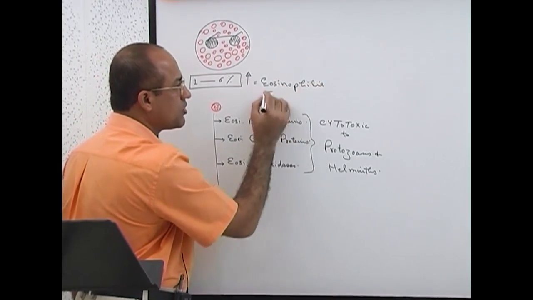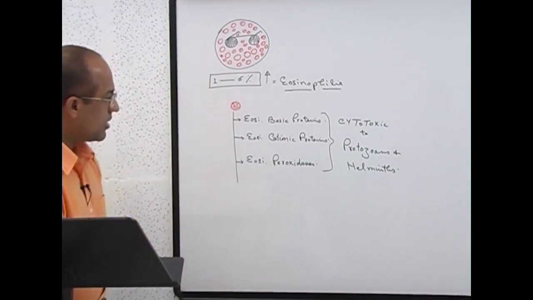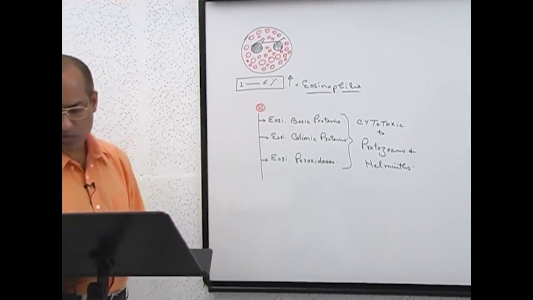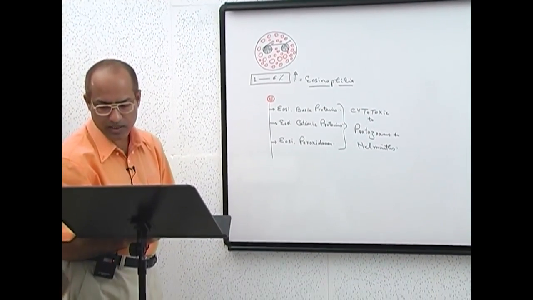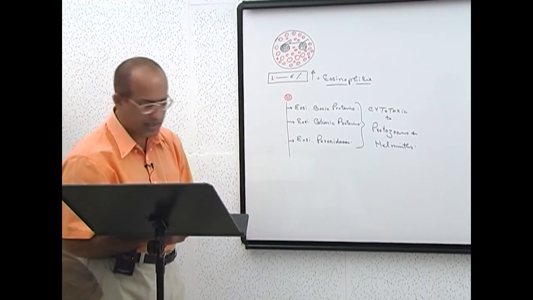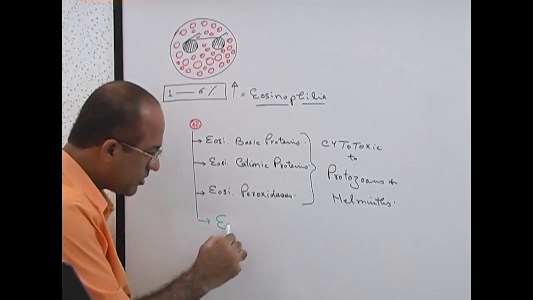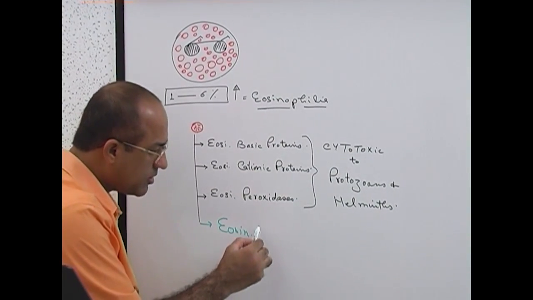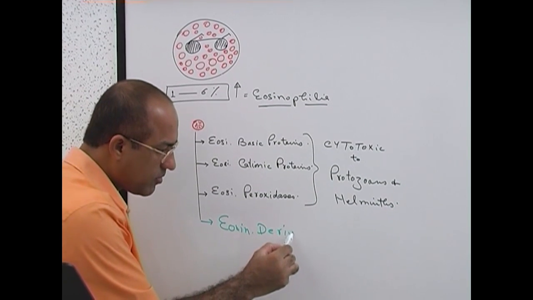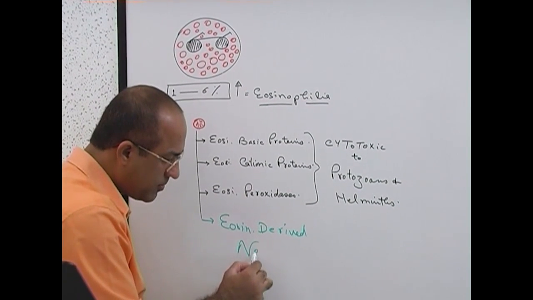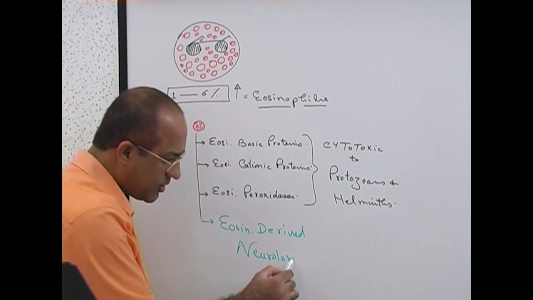eosinophilia, right? Then another special product which is present in these specific granules is eosinophil derived neurotoxin.